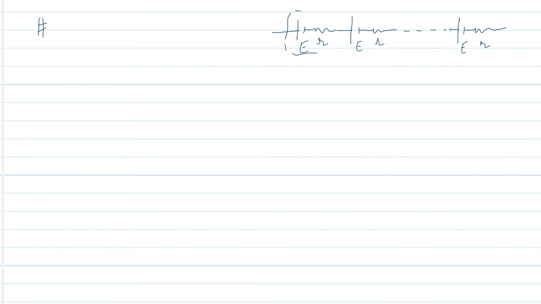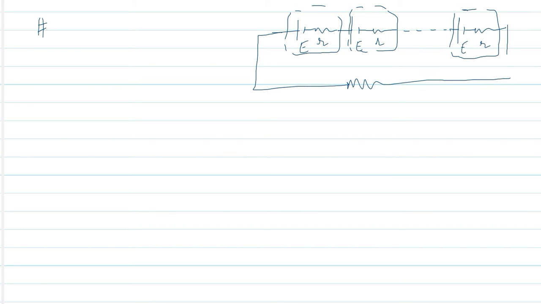Let us show all the cells properly. This is the symbol of real cells. Now the combination has been connected with a resistance capital R. So let us compute the equivalent EMF. The equivalent EMF will be given by E1 plus E2 plus up to n terms, and all the EMFs are equal, so we can write down directly nE, right?